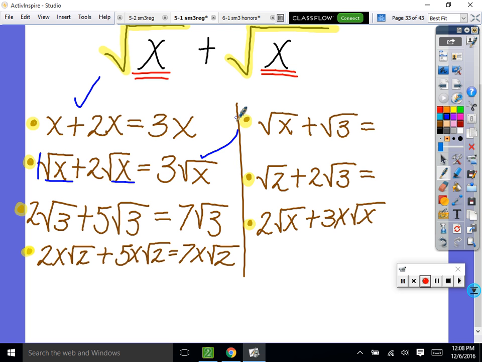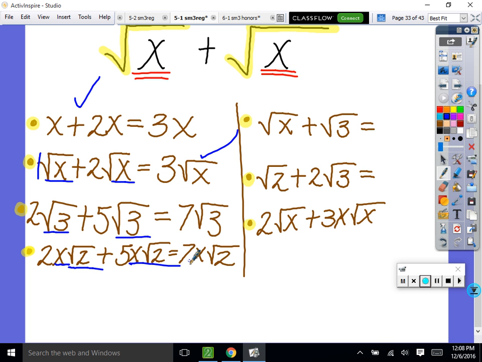Okay, 2 square roots of 3 plus 5 square roots of 3. Can I combine them? Yes. That's 7 square roots of 3. Does everybody understand? Now looking at this next one, 2x square roots of 2 plus 5x square roots of 2. Now we have an x multiplied to the square root of 2. That has to be the same as over here. Are they alike?